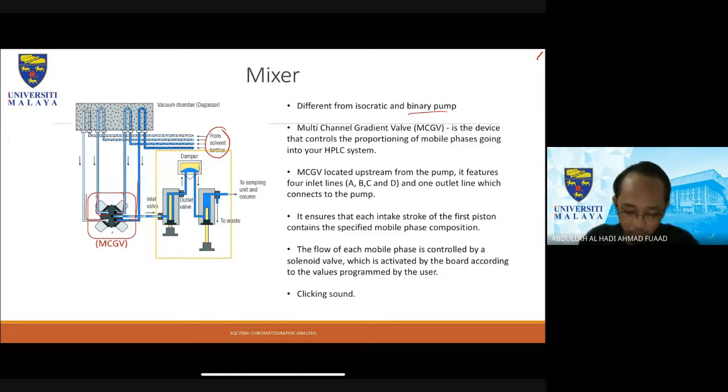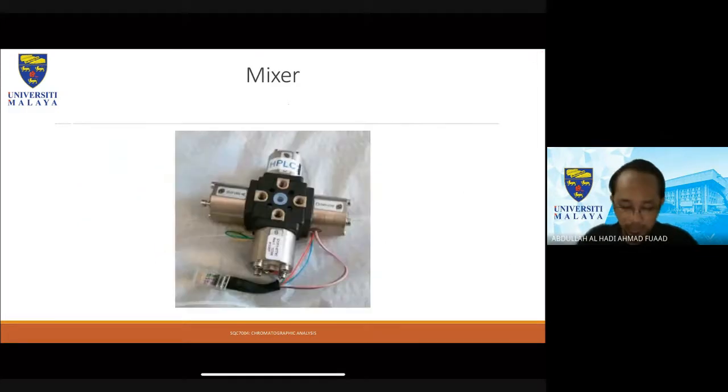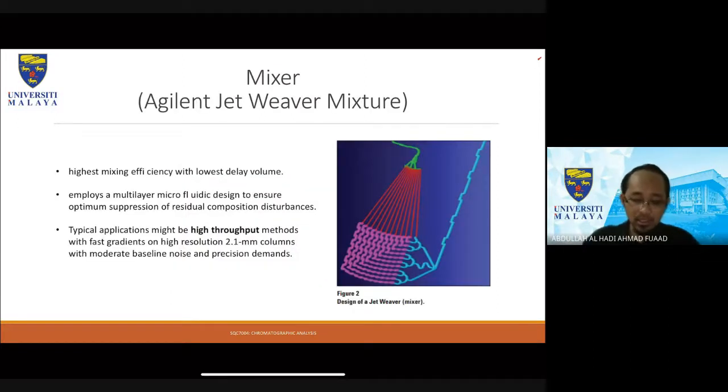Okay. So this is one example, and I will show you a more real life example, hopefully by next week. And a more recent technology by Agilent is what they call the Agilent Jet Weaver mixer. So in comparison to MCGV, you only have one flow rate.